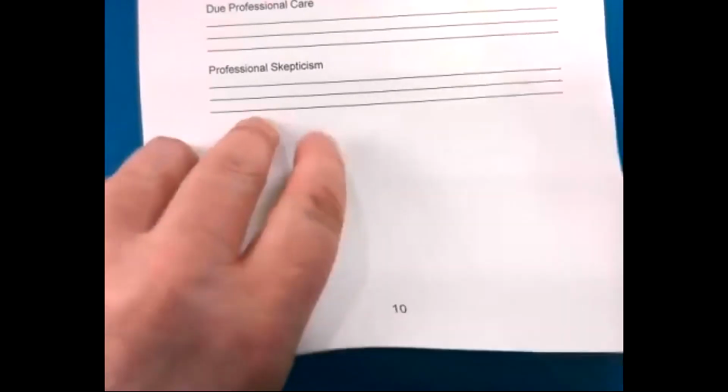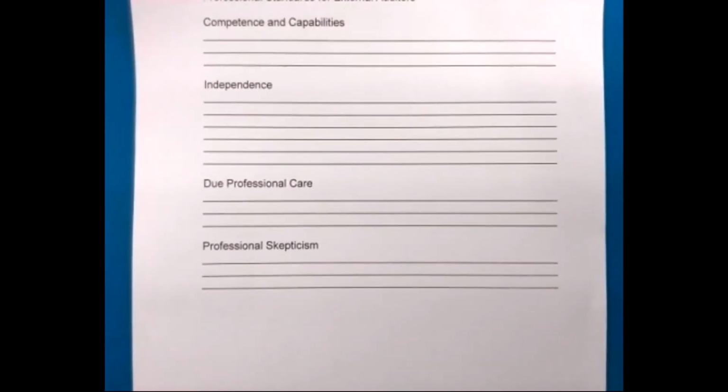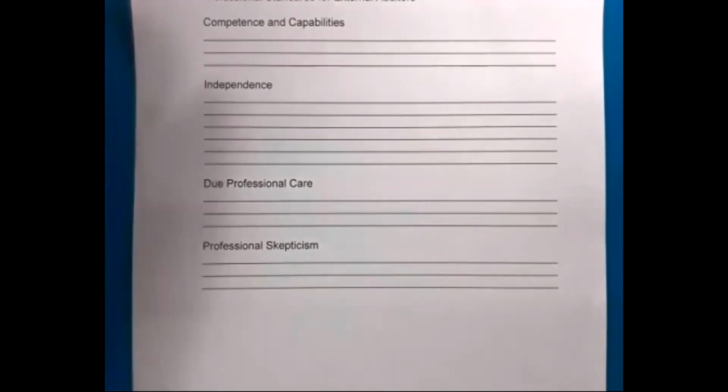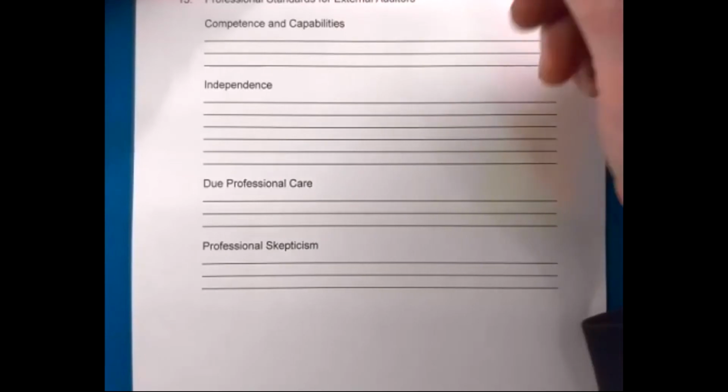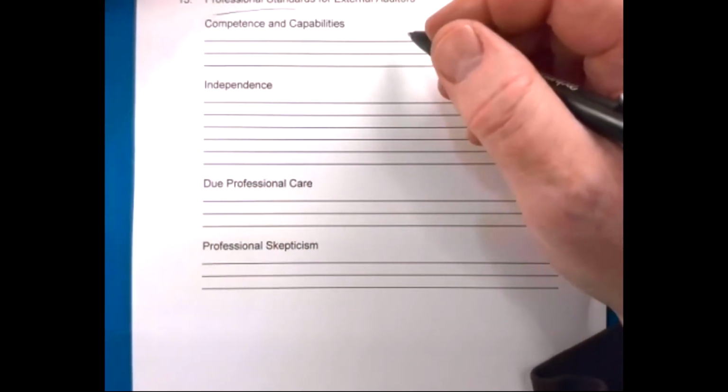Okay. Let's go to the last page. I think we'll take a break after this one. This shouldn't be too bad. Okay. Professional standards for external auditors. Competence and capabilities.